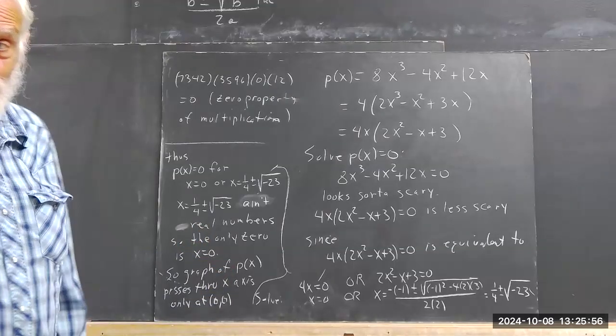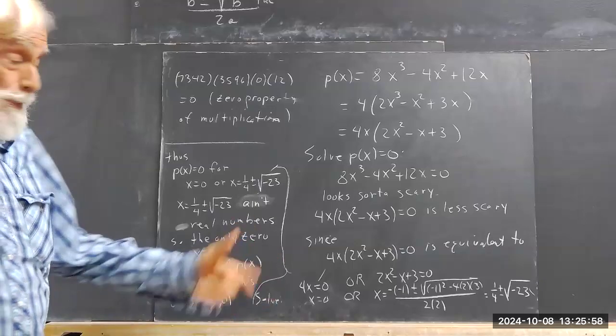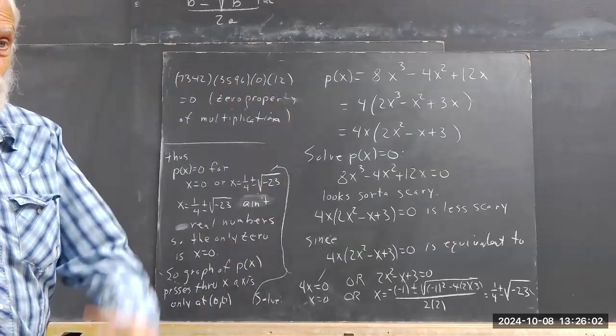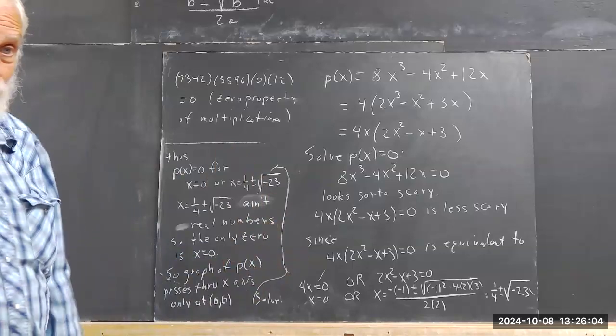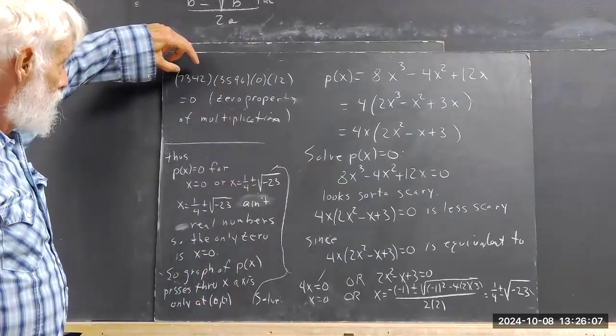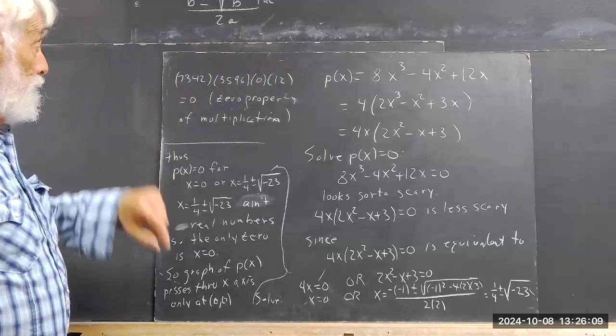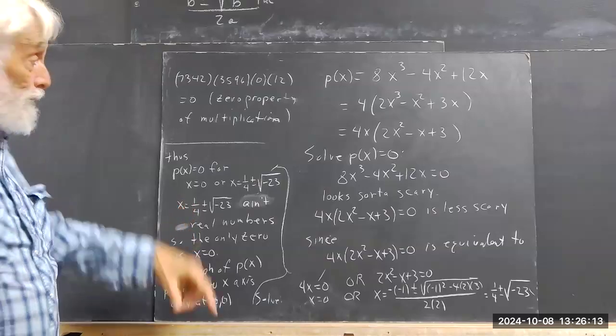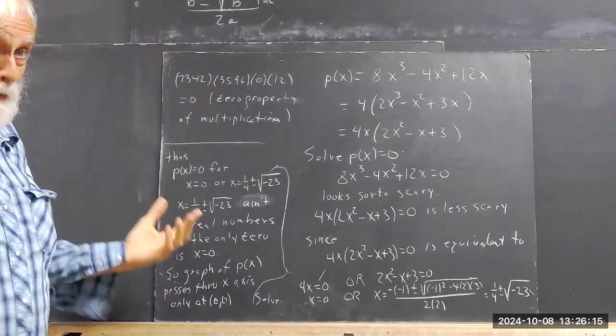Well, the answer is 0. You can multiply these in any order. What's 0 times 12? Well, we know that's 0, right? So now we have this times 0. Well, what's this times 0? Well, it's 0, right? So now we have this times 0 and that's 0.